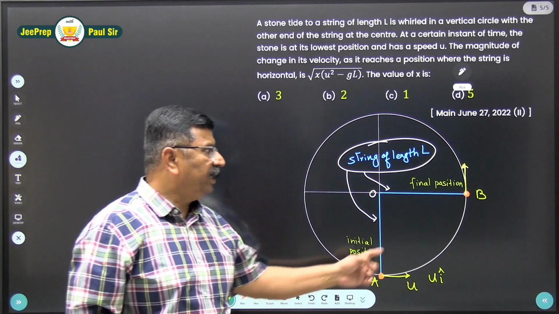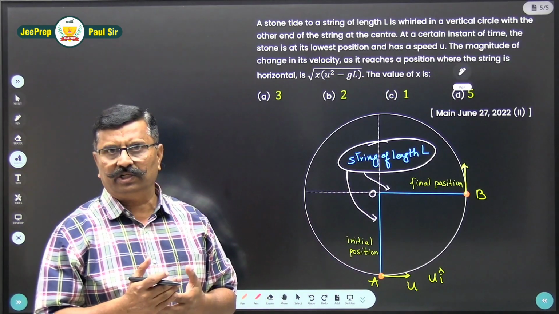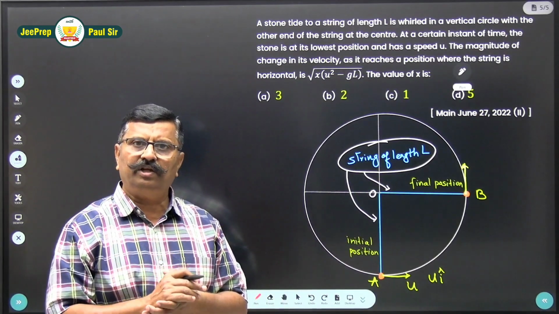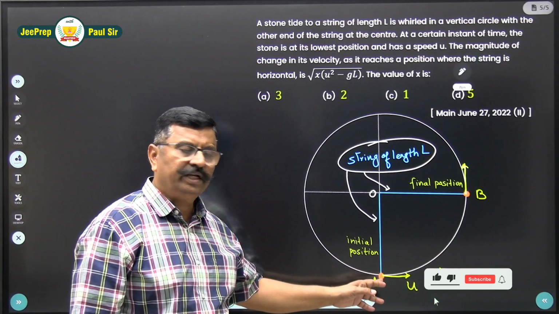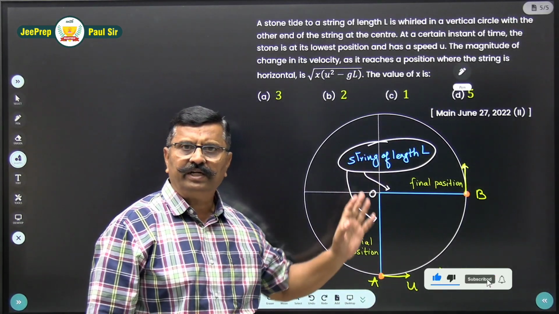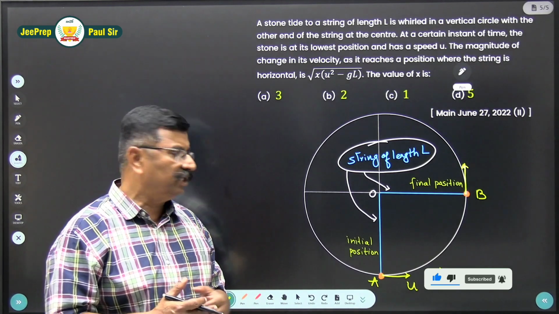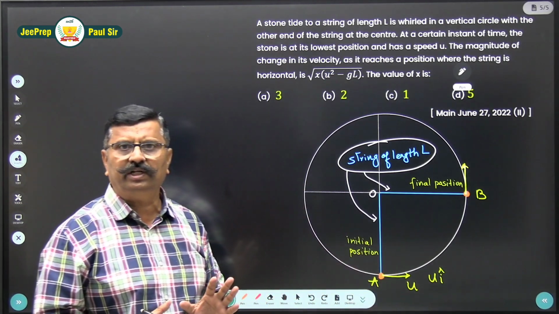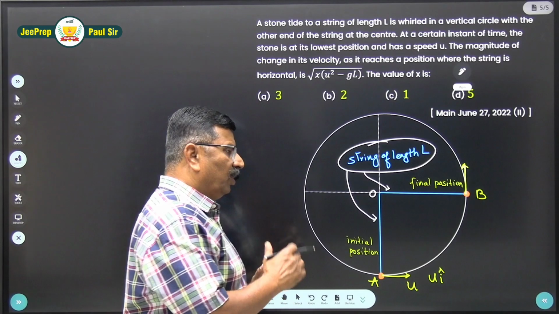So the total energy of the stone remains constant. In vertical circular motion, total energy remains constant. But the initial kinetic energy will be different from the final kinetic energy, while initial potential energy will be different from the final potential energy. So what we'll have to do?